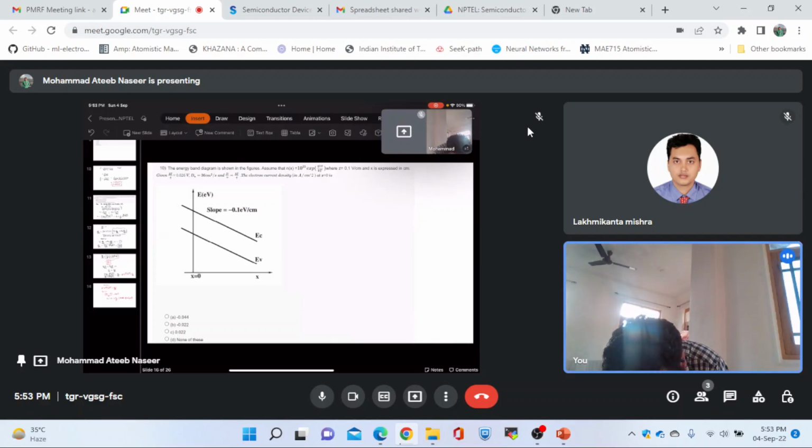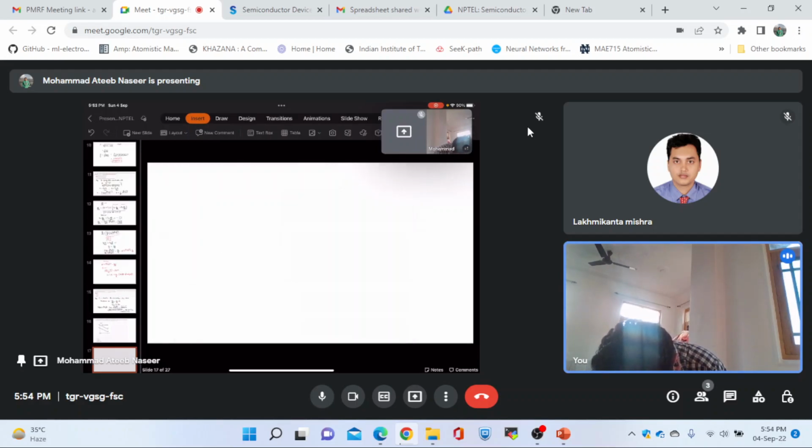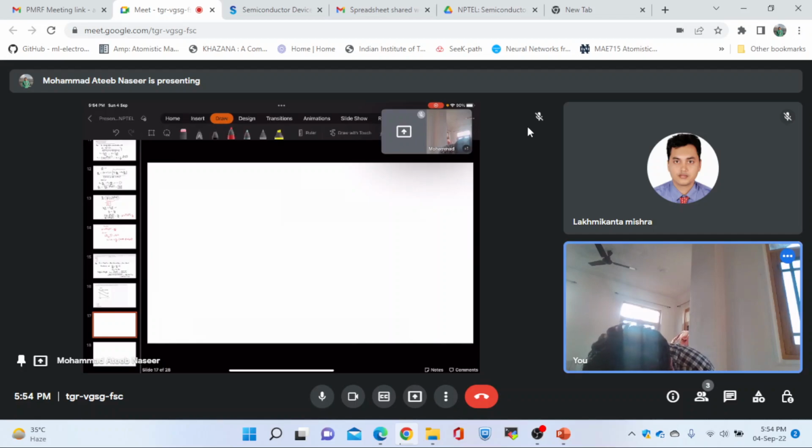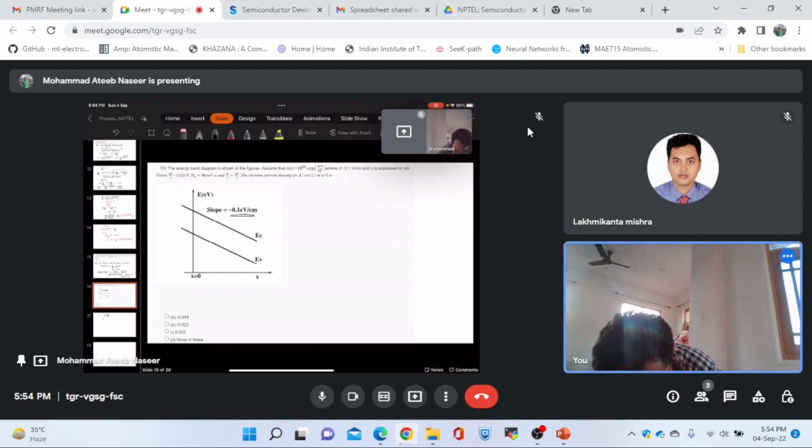Now, if I add some slides, first the electric field exists there, and this electric field is given by 1 by q dEc by dx, and this would simply mean that this electric field is given by, here the slope is minus 0.1 electron volt per centimeter.